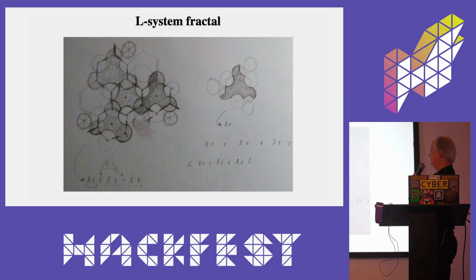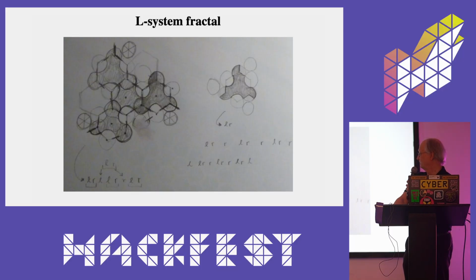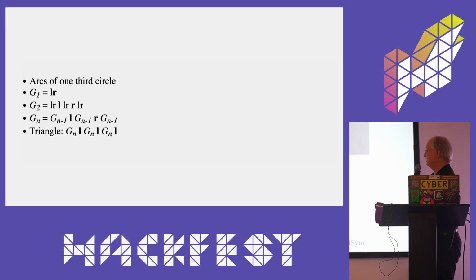So I started making some drawings to try to figure out how these fractals are created, how the shapes are created. I came up with some letters and some symbols. One thing I noted is that every time it consists of arcs that are 1/3 of a circle.